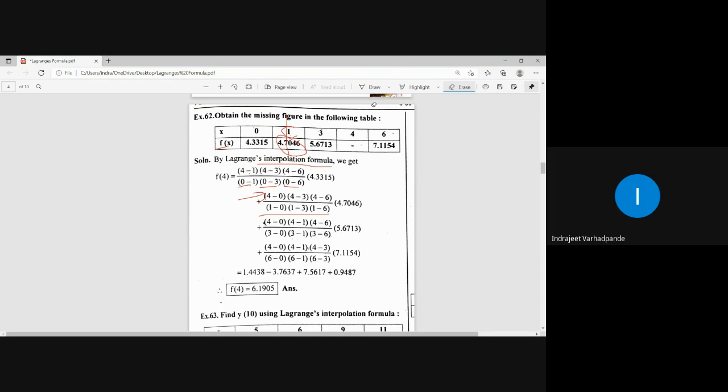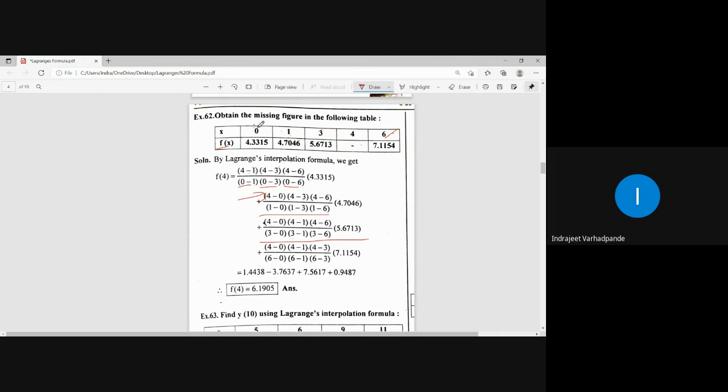Now I will be writing down the formula for this particular column. So it will be 4 minus 0, 4 minus 1, 4 minus 6. See the numerator. In the denominator 3 minus 0, 3 minus 1, 3 minus 6 multiplied by the functional value 5.6713. Clear?